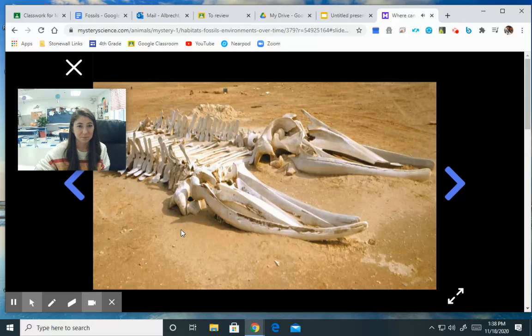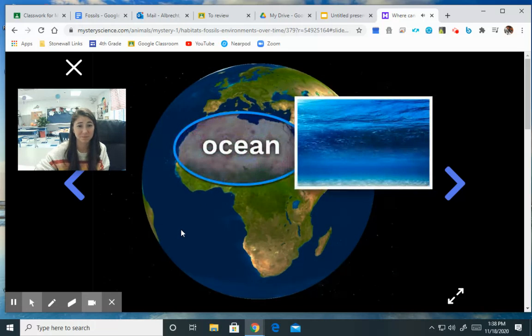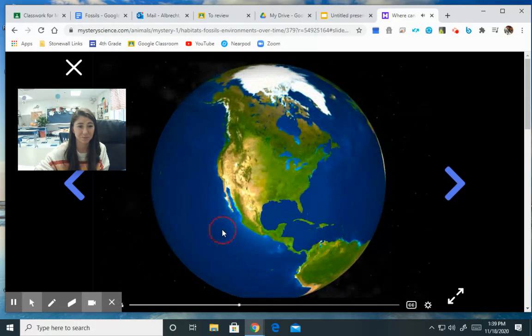Whales were once common in this area. It's wild. But whales swim in the ocean. They can't live in a desert. What this tells us is that this place, where today there's a dry, hot desert, there was once an ocean. And that's not the only habitat that's changed. Traveling back towards North America.